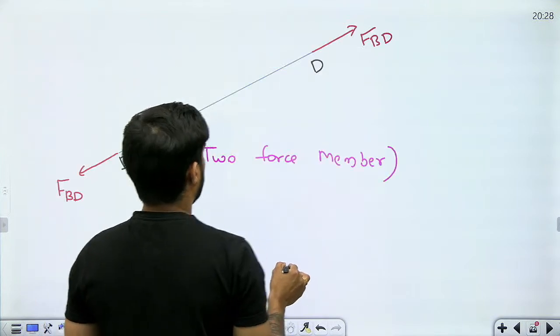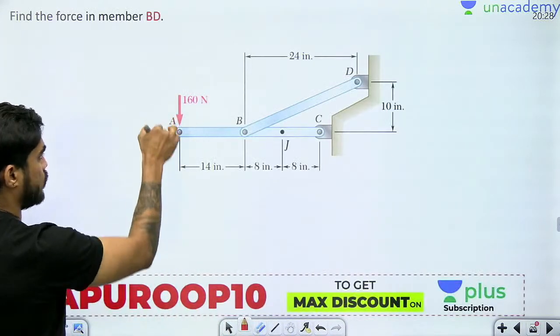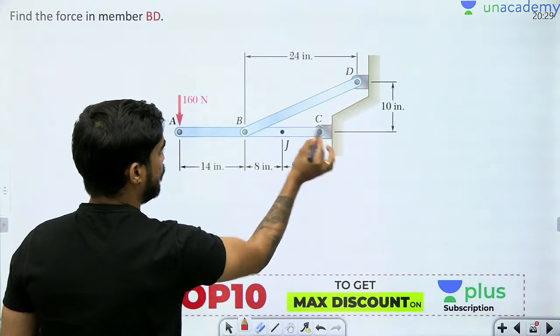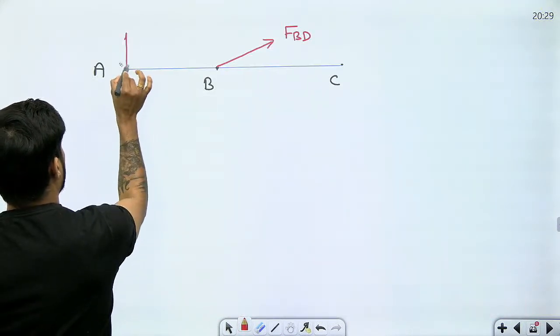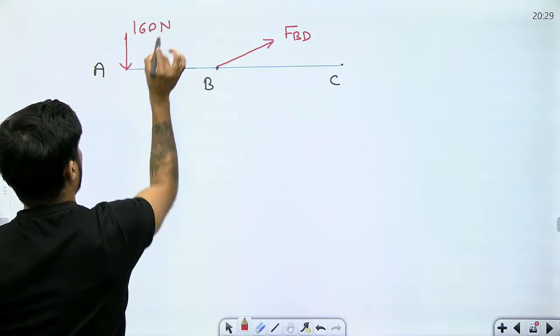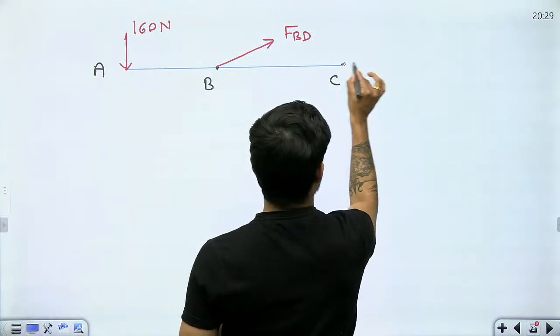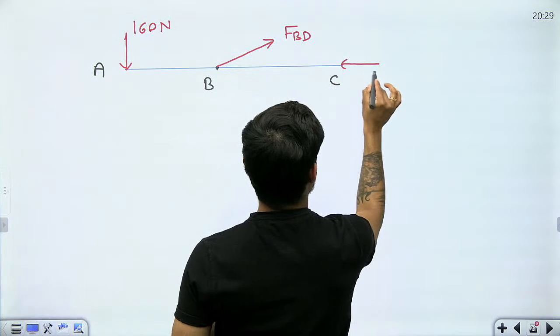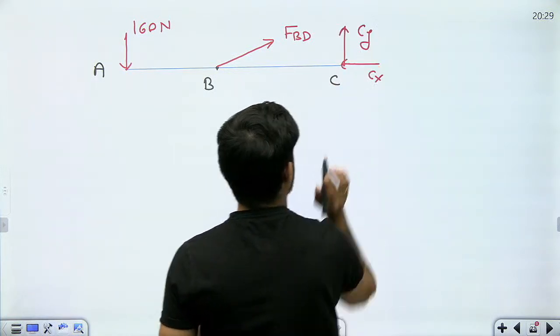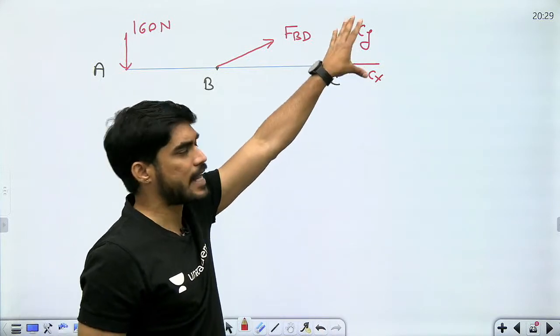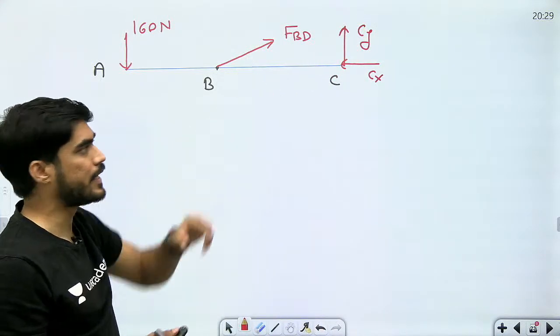There is one force of 160 Newton acting at A, and C is a pin joint, so there will be 2 forces. Now I don't need to calculate Cx and Cy. I only want FBD.